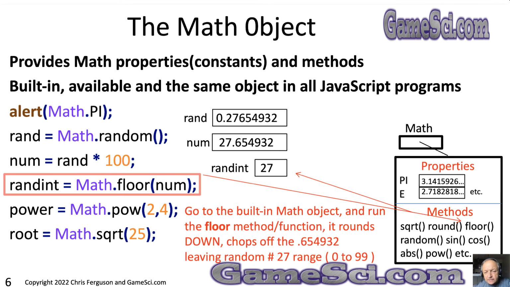Now, how can I say this number will always be between 0 and 99? Well, if my original random number had a 0.00 here, this would come out to 0. If my original random number had a 0.99 here, when I chopped off the decimal points, I'd have a 99 here. Getting a random number takes 3 steps, especially if you want a random integer.